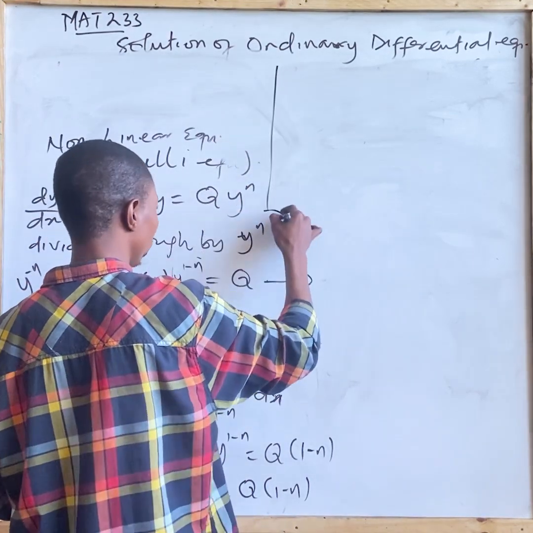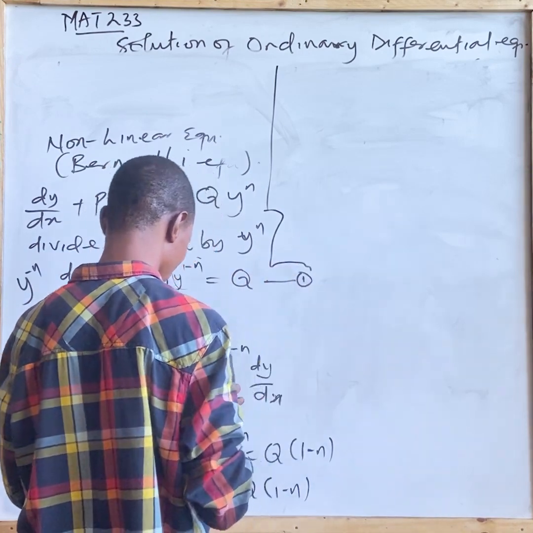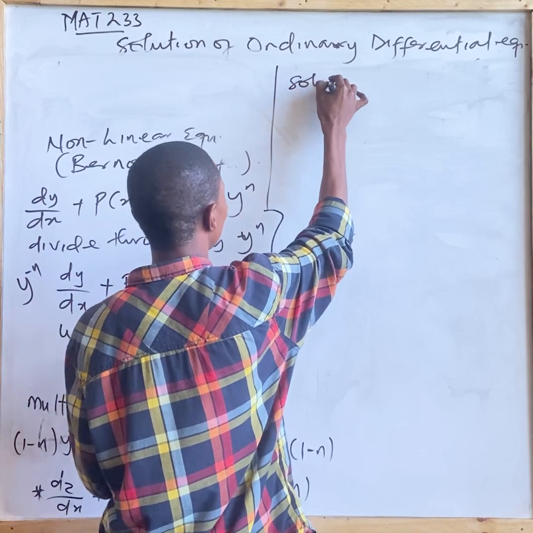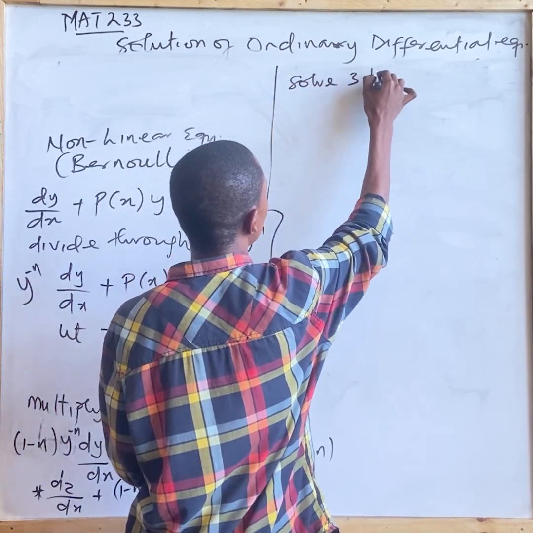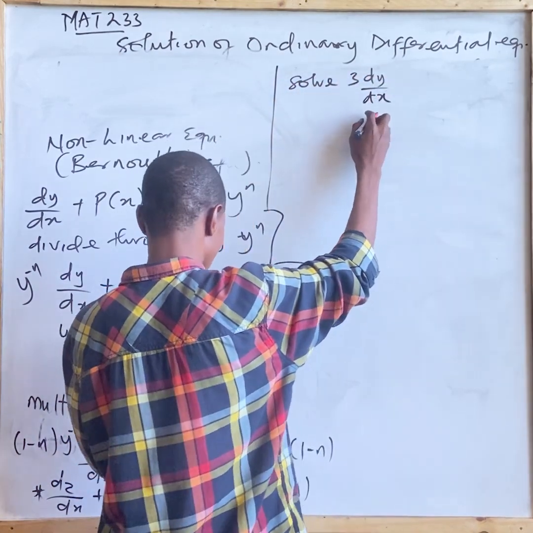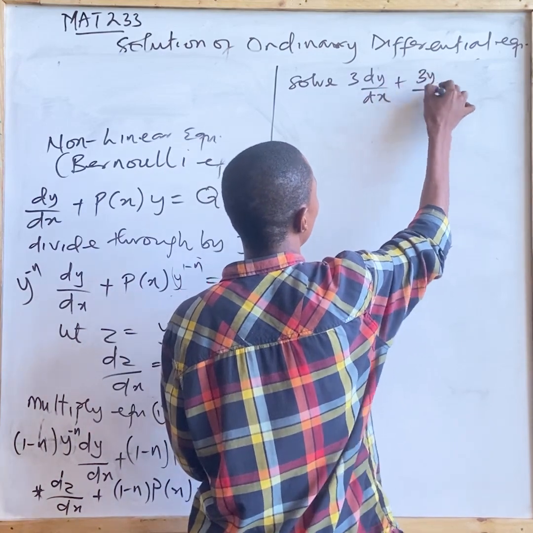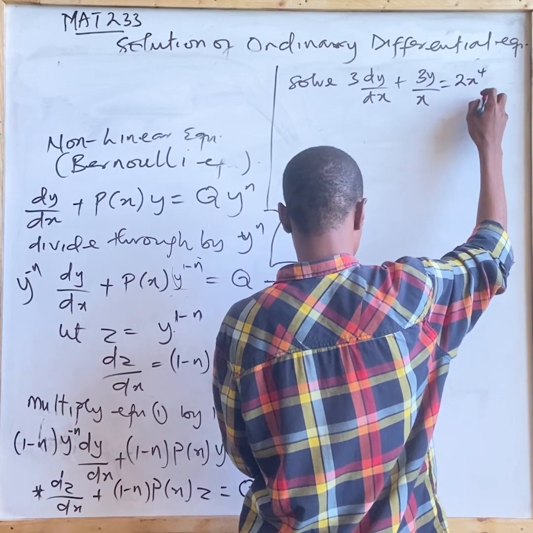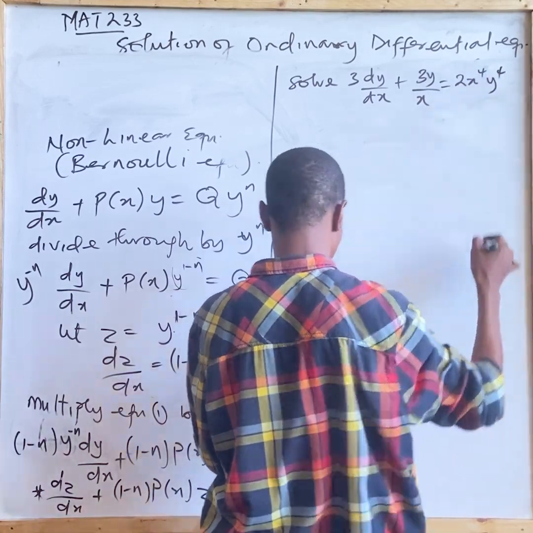Example: solve 3 dy/dx plus 3y over x equals 2x raised to power 4 times y raised to power 4.